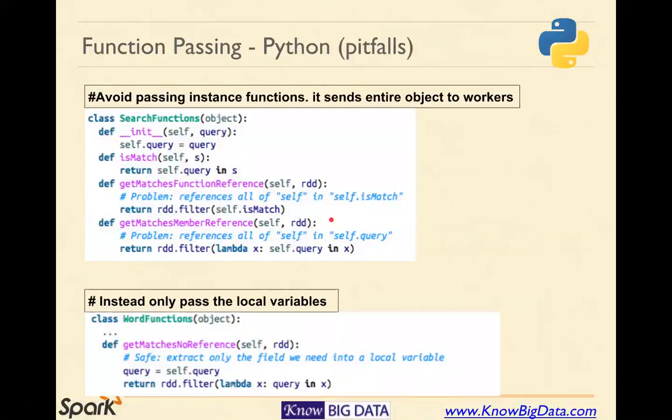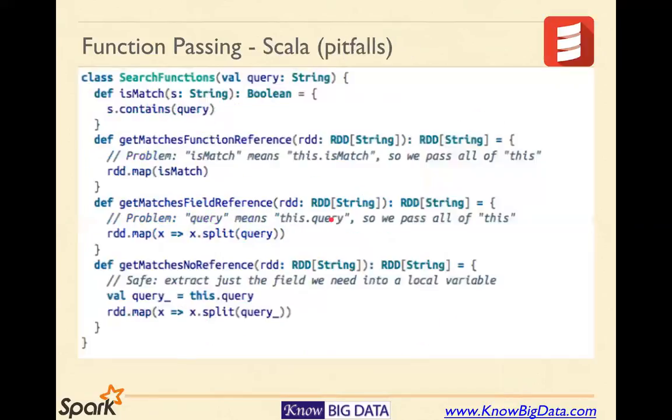In Python also we have similar things. Now, sometimes you are handing over a function or a variable which is part of some other class. In Scala also you could define a class and define the argument, and then inside one of its functions, if you're calling the map method, it's going to be troublesome.